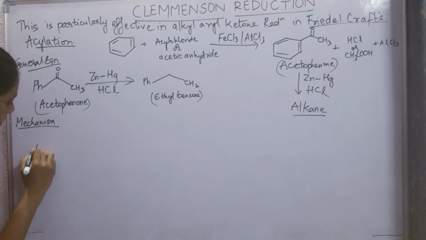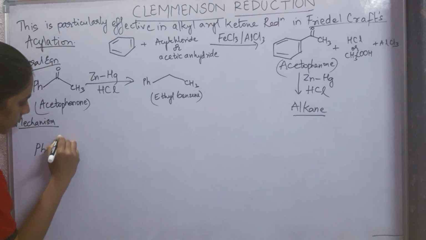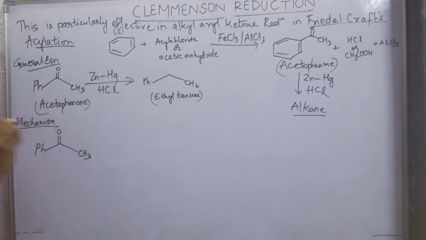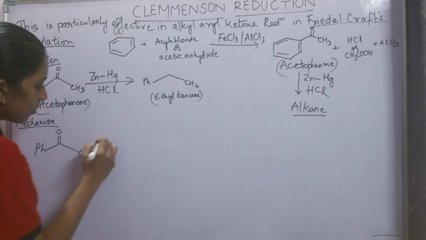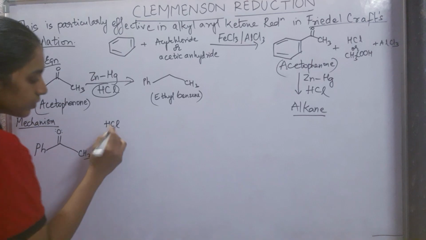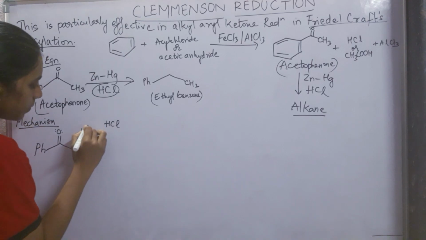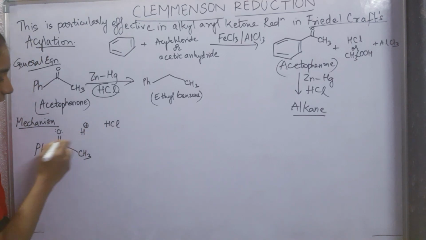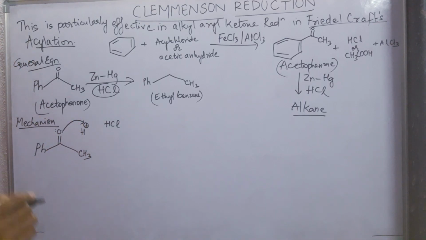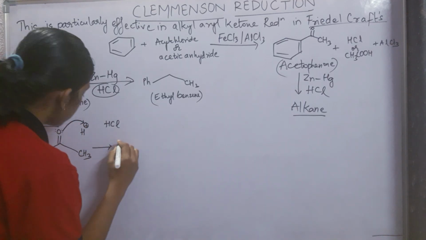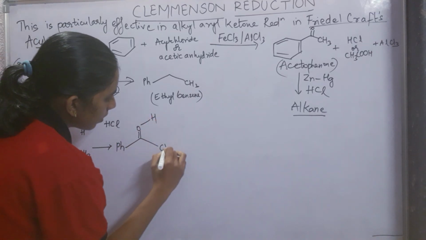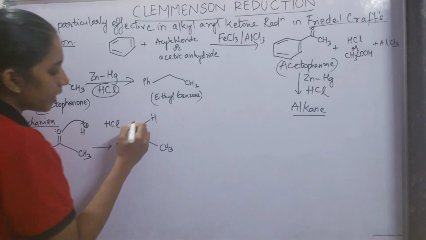First we'll be taking acetophenone, Ph C double bond O CH3. Oxygen here has 2 lone pairs. Now first we'll be adding HCl. We have taken HCl in acidic conditions. So from HCl, the H plus will be reacting with acetophenone, where oxygen will share its lone pair of electrons with this H plus and will give us a product like this, where a bond is formed between oxygen and hydrogen.